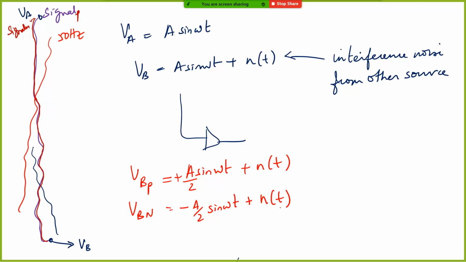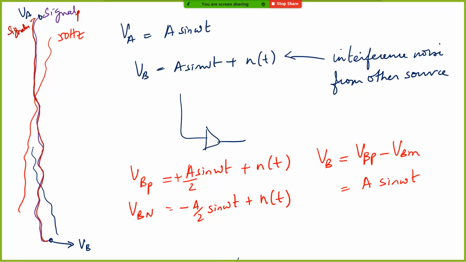Statistically speaking at least, the same interference comes to both lines of the signal. Now if you take V equal to V_P minus V_M, what happens? The common interference gets eliminated and you recover your signal A sin omega t.